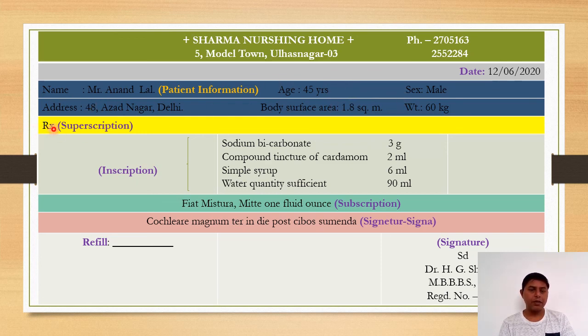Then another part of prescription is called superscription. The names of ingredients and their quantities are given; this part is called inscription. The next part is subscription, containing the name of the dosage form or what quantity has to be dispensed.